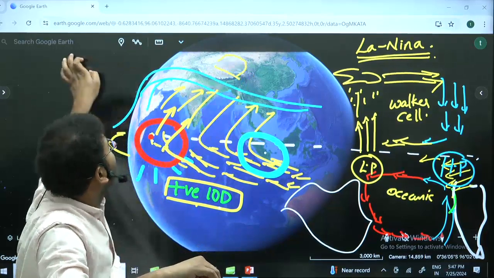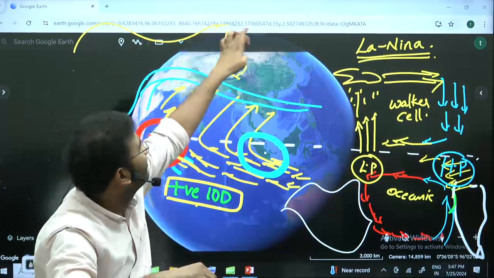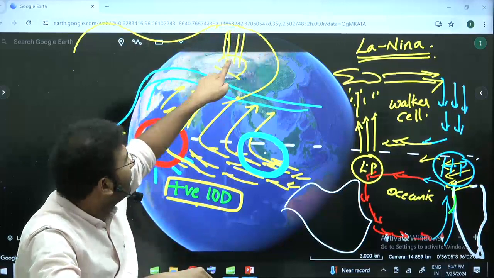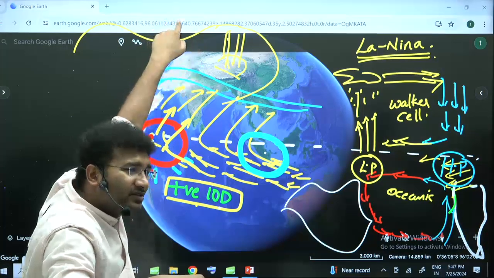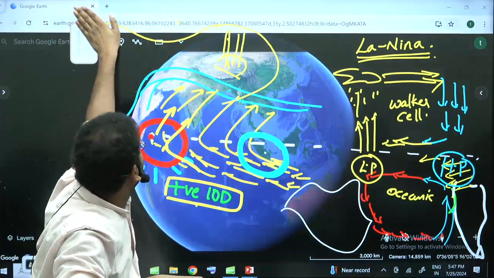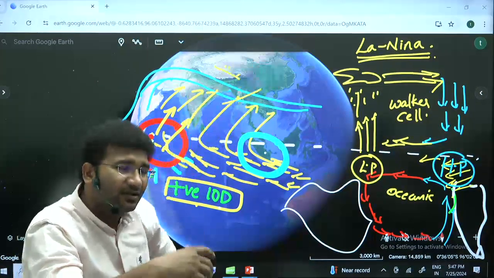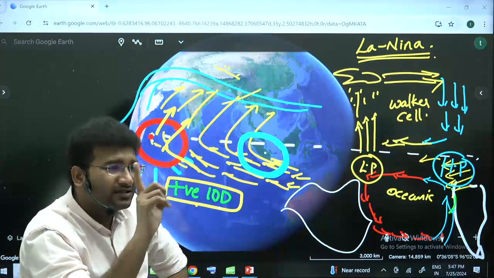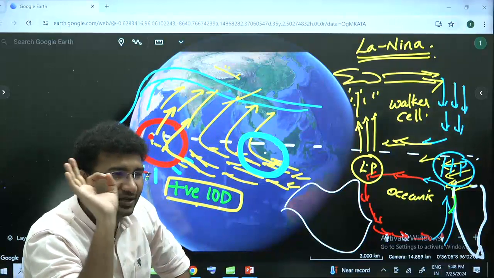I told you if the jet stream is moving, this concept I've explained, do you remember? Instead of low pressure, if I create a high pressure here, is it not impacting the jet stream? Like that, in the southern hemisphere also, you will come across the impacts of the jet stream. In this manner, this is one disturbance present in the ocean atmospheric circulation.